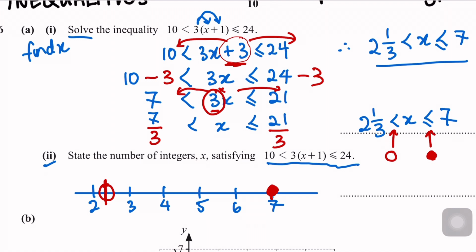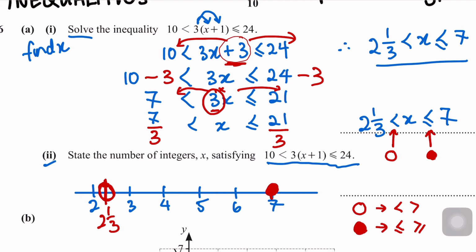You have to remember the empty hollow dot is only for less than or greater than, the one without equal to. The full dot is for those lesser or equal to or greater or equal to. Now we have 1 over 3 and we have the 7 here, which is the full circle. So I shall draw the line and connect the 2 dots.